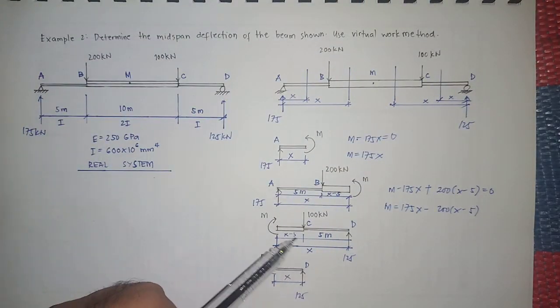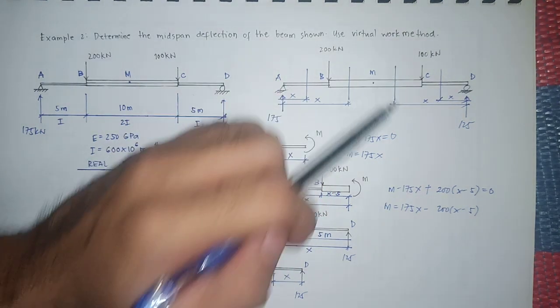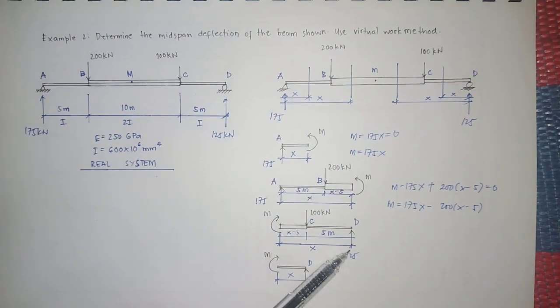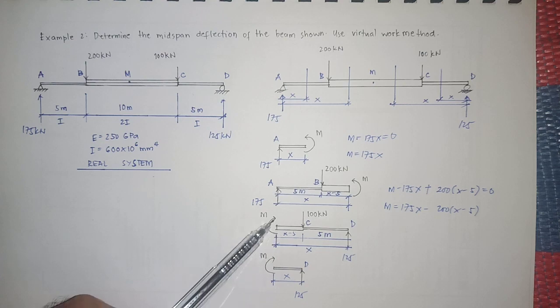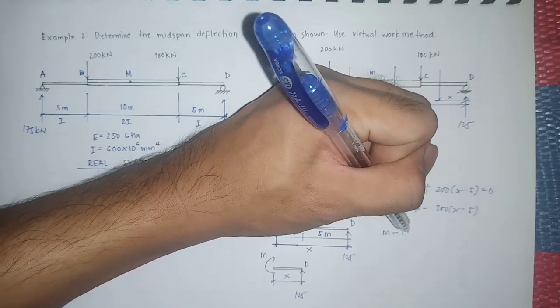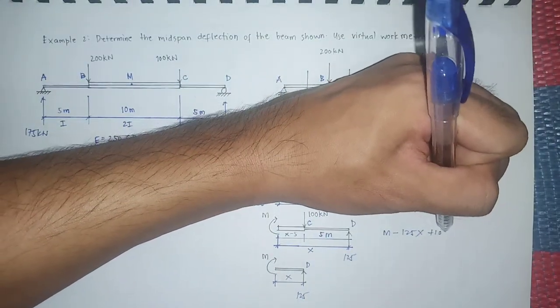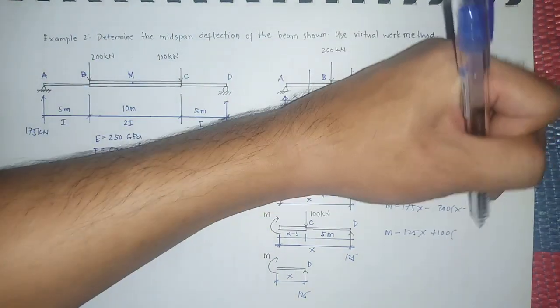For segment MC, ayan na, sinet natin na origin sa point D. So, nandito galing yung X natin. Convention, ganito yung positive moment. So, we have M minus 125X plus 100 times the quantity X minus 5. 5 meters din kasi ito.